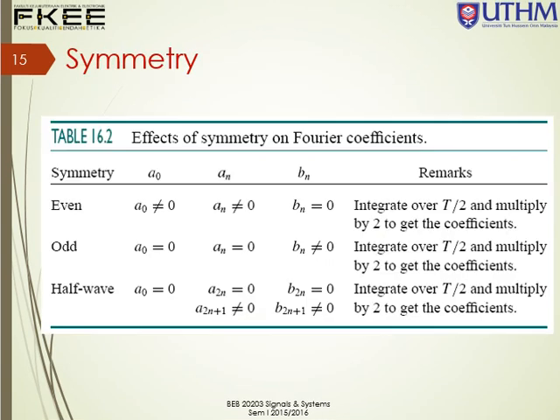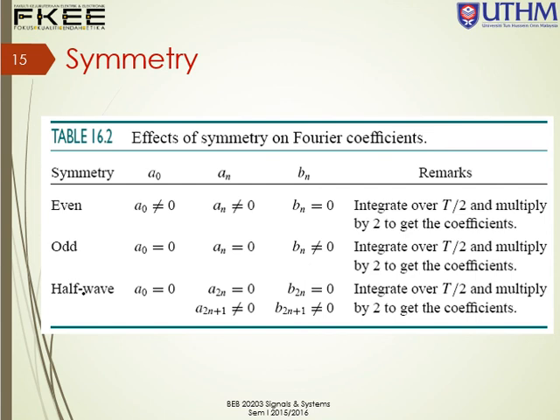As a conclusion, you can see in this table, if you have an even symmetric signal, your a_0 and a_n will not be equal to 0, so you need to calculate them, but b_n is equal to 0, so you can skip it. For an odd symmetric signal, your a_0 and a_n will be equal to 0, but your b_n will not, so you need to calculate your b_n.